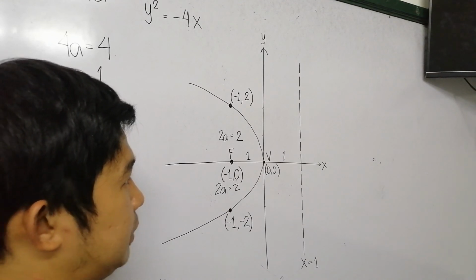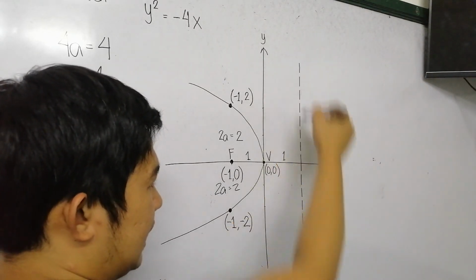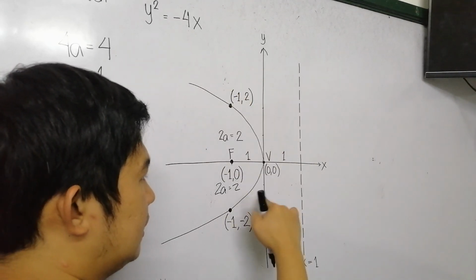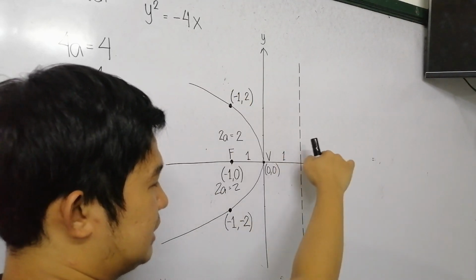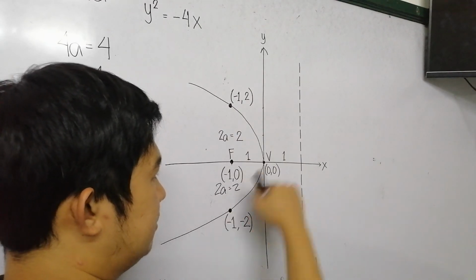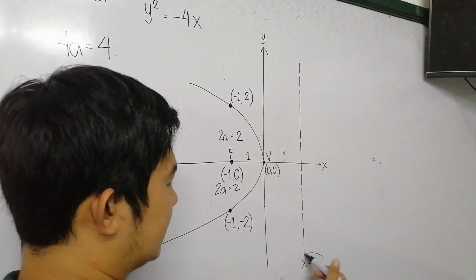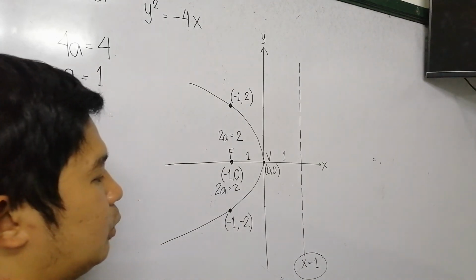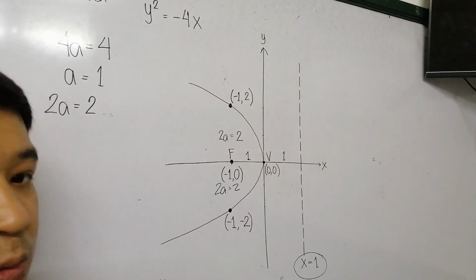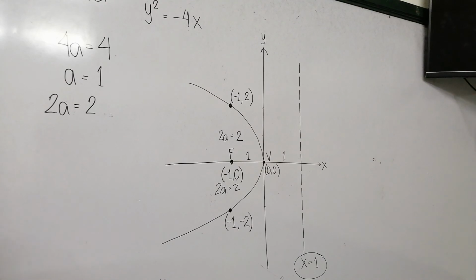And so we simply create a broken straight line behind the curve, perpendicular to the axis of symmetry, making sure it is behind the curve, and then we get the equation of our directrix: x equals 1. So this is the sketch of our parabola with the standard equation y squared equals -4x, wherein it opens to the left with the vertex of 0, 0 and focus of -1, 0.